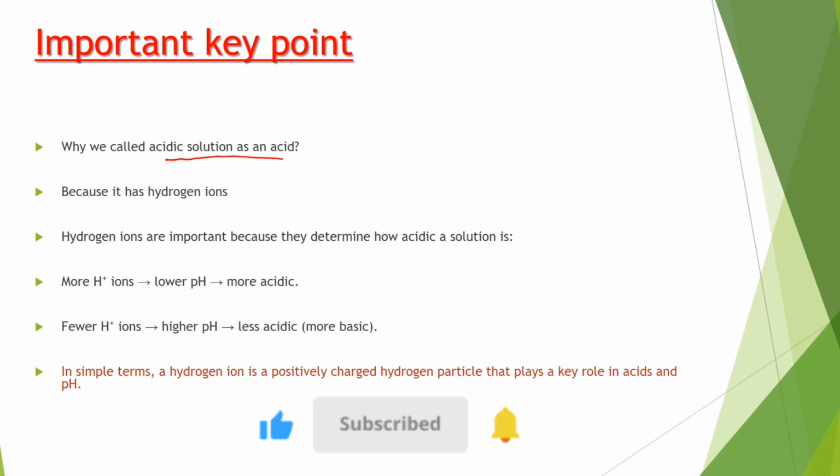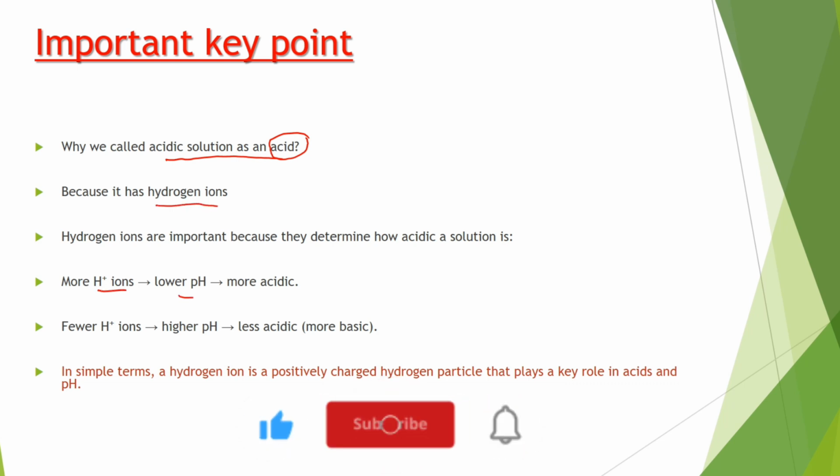How do we come to know whether a solution is an acid or a base? The acidity of a solution depends on its hydrogen ions. With more hydrogen ions, it has a lower pH and the material is more acidic. On the other hand, if hydrogen ions are fewer, it has a higher pH and the solution is less acidic.